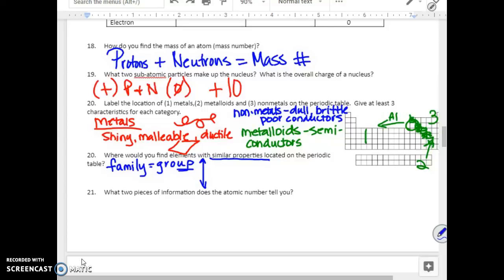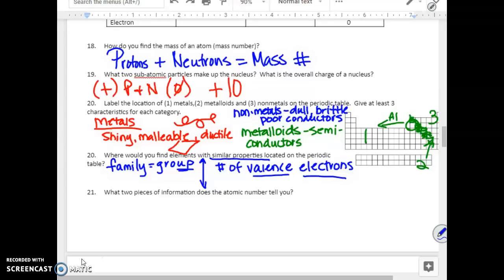So these are our groups, and we will find similarities within the same group due to the same number of valence electrons. It's kind of like our DNA. We look and act like our family because we share the same DNA. Elements have similar properties and act like similar elements within their same group because they share the same number of valence electrons.